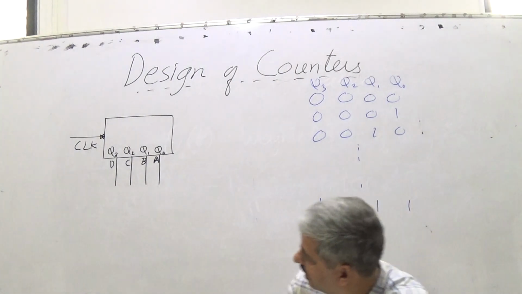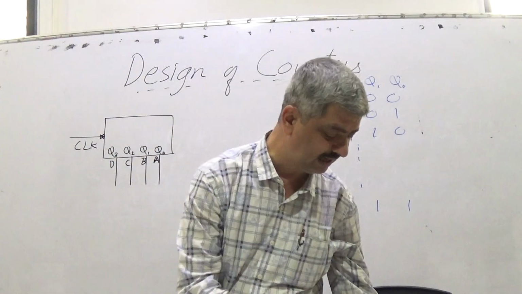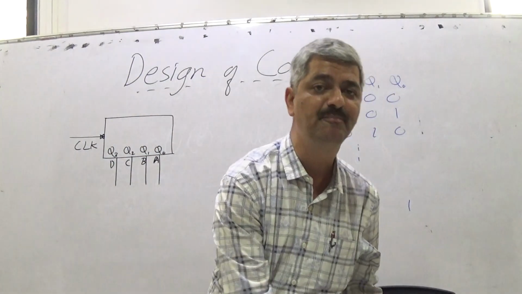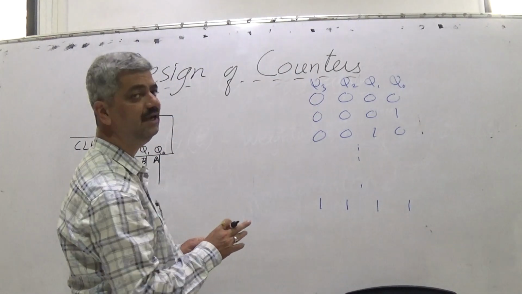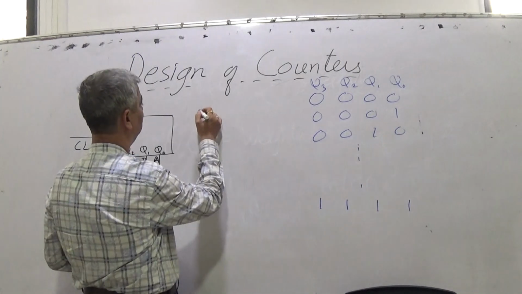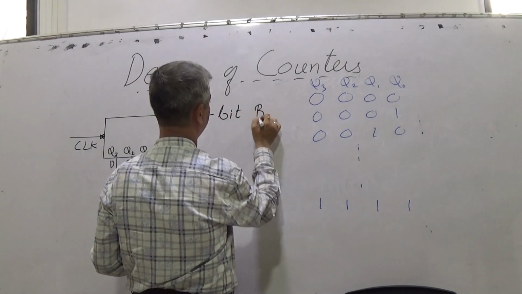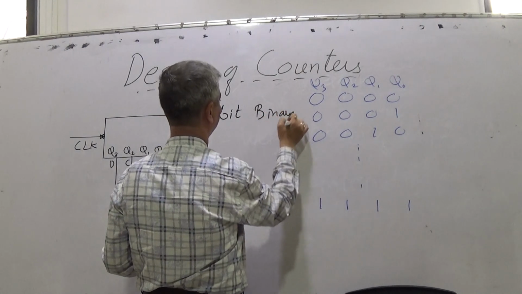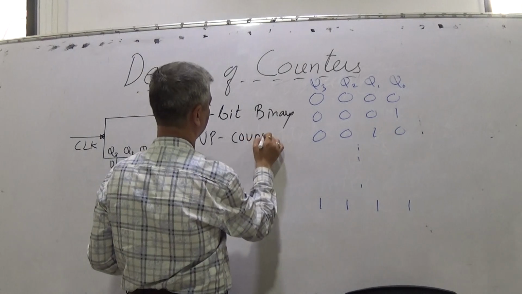So this is called a binary up counter, in general an n-bit binary up counter.